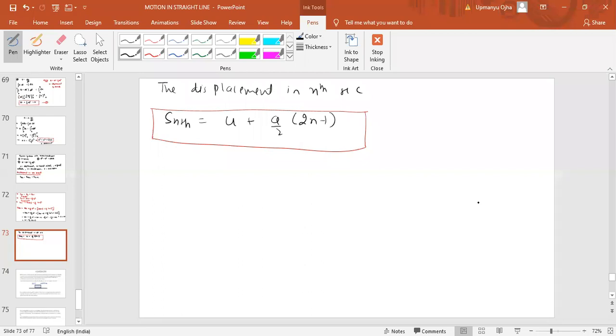I'm asking you. Yes. Okay, so this is your homework. Just think on this point: is this equation dimensionally correct or not?